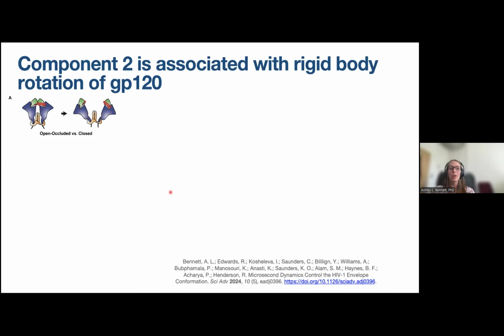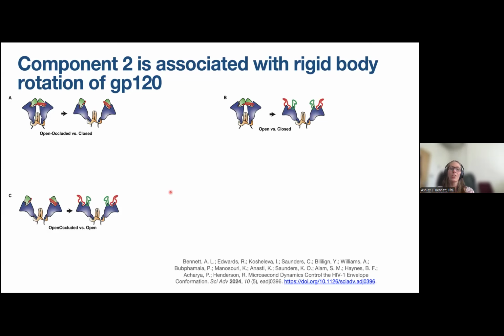But we still don't know what the atomic models are. We built atomic models for envelope in a lot of different conformations and calculated theoretical SAXS curves and pair distance distribution curves for theoretical transitions, and tried to match these to what we have from our experimental data. We built models for a closed to open occluded transition, a closed to open transition, and an open occluded to open transition.